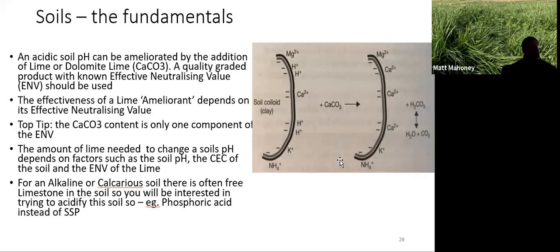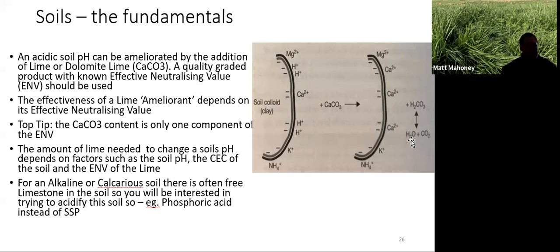And that schematic there is just showing a soil colloid, with the negative charges and the hydrogen ions and the different cations attracted to those negative sites, and then we add the calcium carbonate or the lime, and this is the reaction that's occurring.